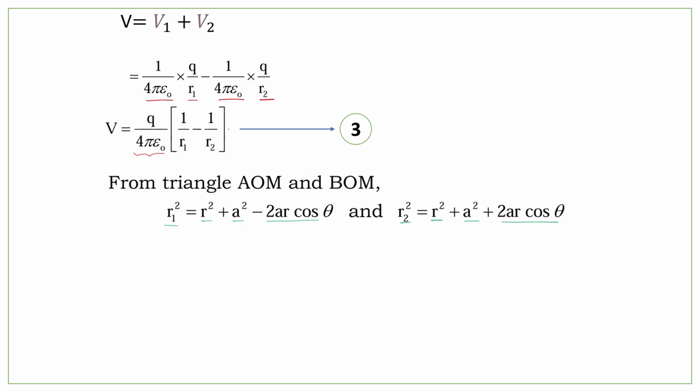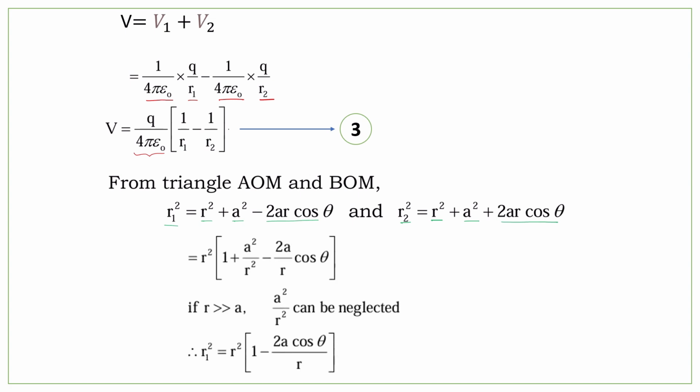Therefore, taking R square common, we get R1 square is equal to R square into bracket 1 plus A square by R square minus 2A cos theta by R. If R is much greater than A, then A square by R square can be neglected.